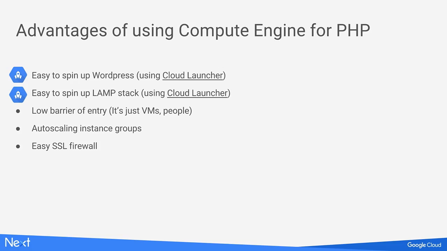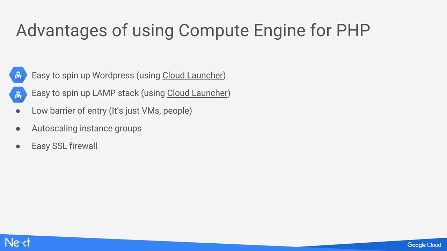Okay, so the first thing we're going to do with this application is run it on Compute Engine. Some of the advantages of Compute Engine is we have this awesome Cloud Launcher product that has a bunch of stuff that most PHP developers want to run already set up so that you just click a button. You can configure a couple things like HTTP, HTTPS firewalls.